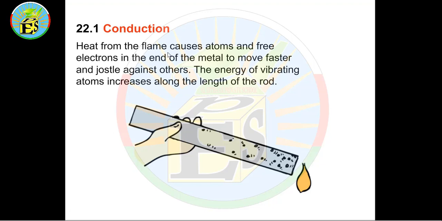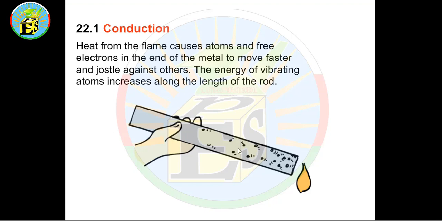Heat from the flame. If we have, this is a flame and this is a strip of metal. The flame causes atoms and free electrons in the end of the metal to move faster and jostle against others. The energy of vibrating atoms increases along the length of the rule.